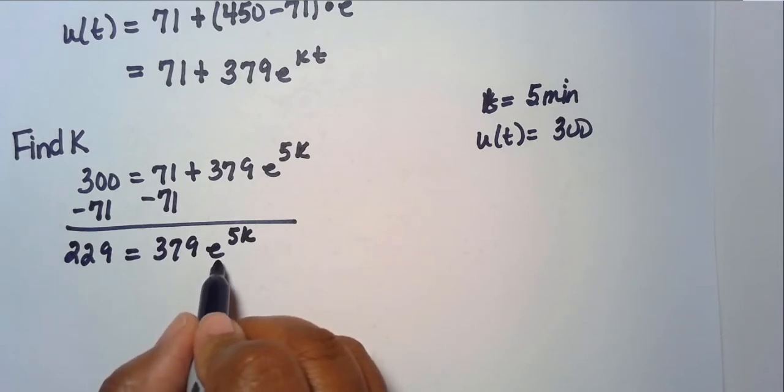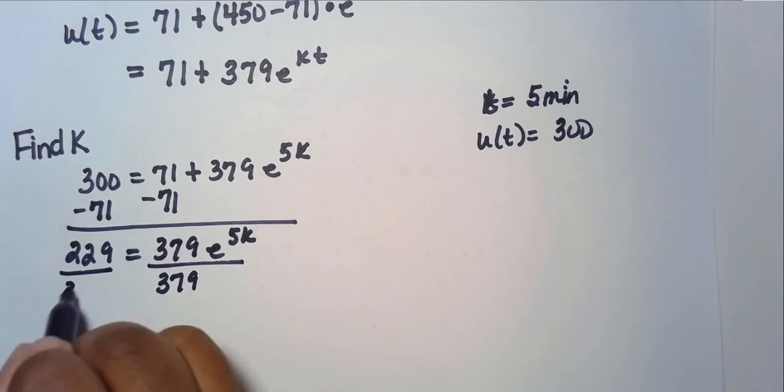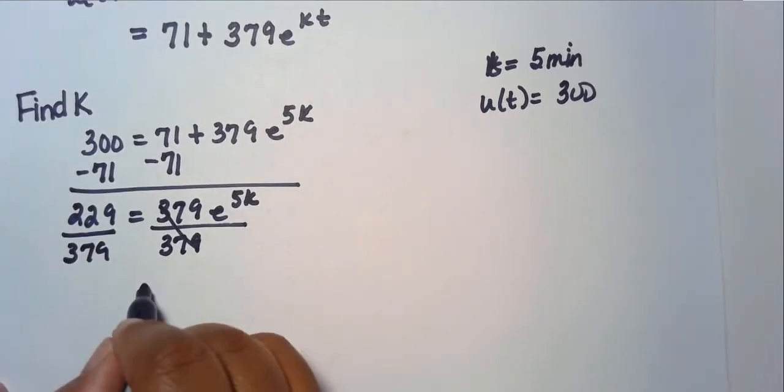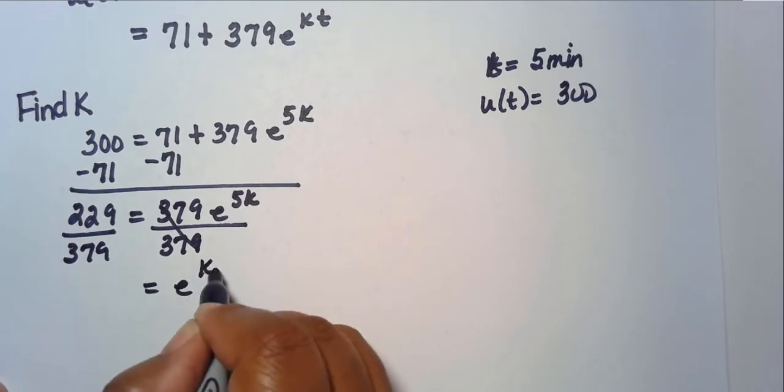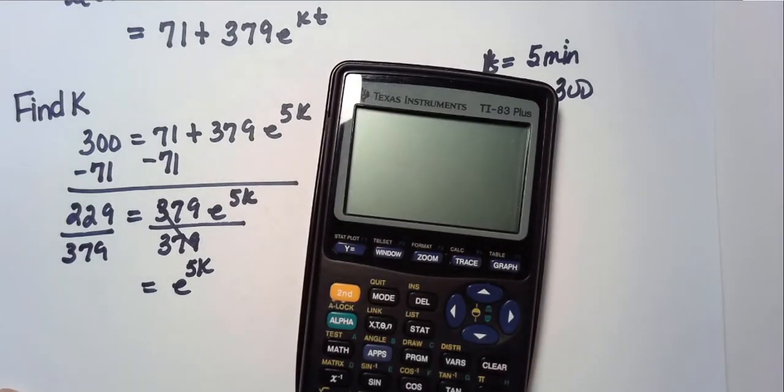We want our base e to be by itself, so we're going to divide both sides by 379. And we have e to the 5k is equal to 229 divided by 379.